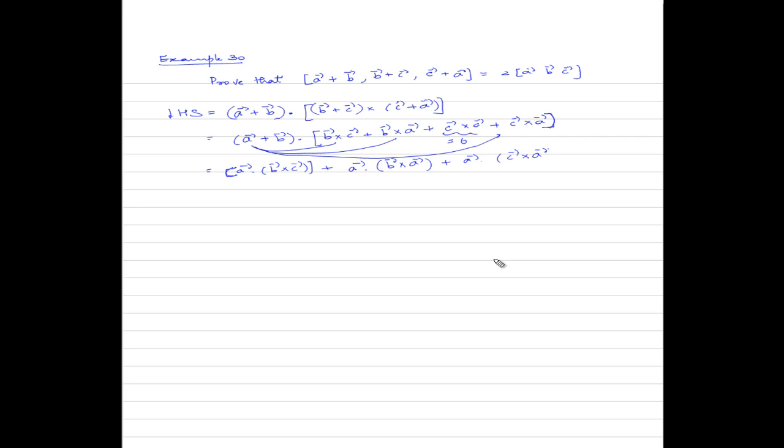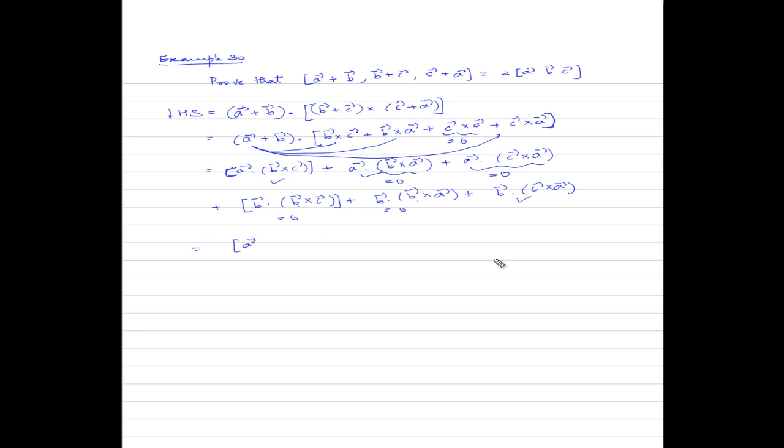Since a vector is occurring 2 times in these, this becomes 0, this becomes 0, plus b vector dot b vector cross c vector plus b vector dot b vector cross a vector plus b vector dot c vector cross a vector. Again this becomes 0, this also becomes 0, because b vector is occurring 2 times here. So only this term is remaining and this term is remaining.